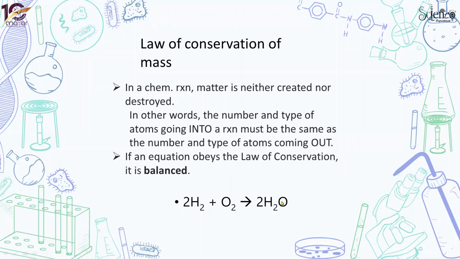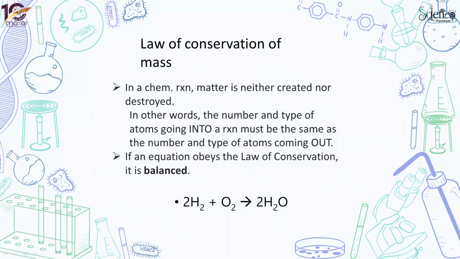It's not only the mass, it's also the type of atom. If I have hydrogen in reactants, I must have hydrogen in products. If I have oxygen in reactants, I'm going to have oxygen in products. We're never going to have a new element come from nowhere in the product. For example, it's impossible to have carbon in the product because I don't have carbon in the reactants, okay?